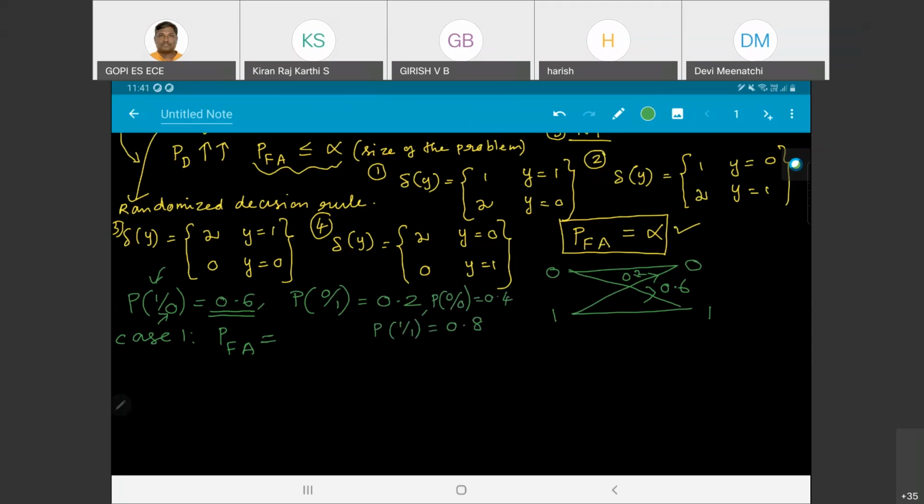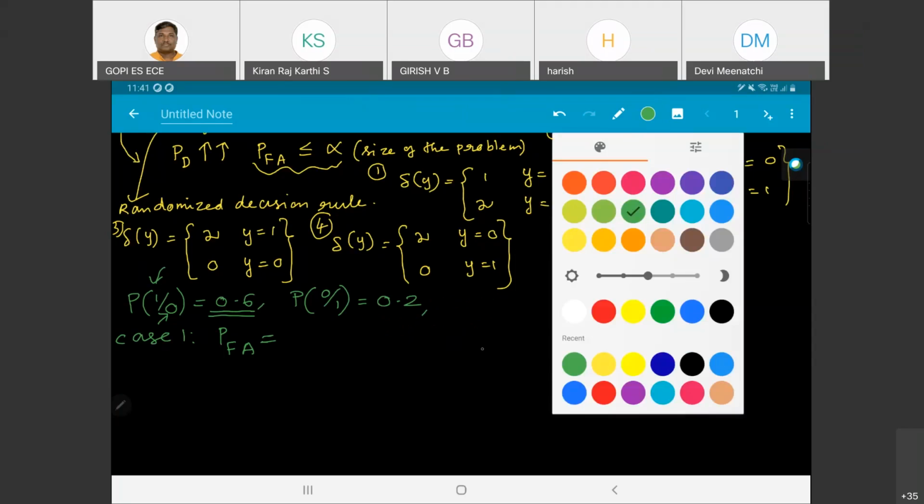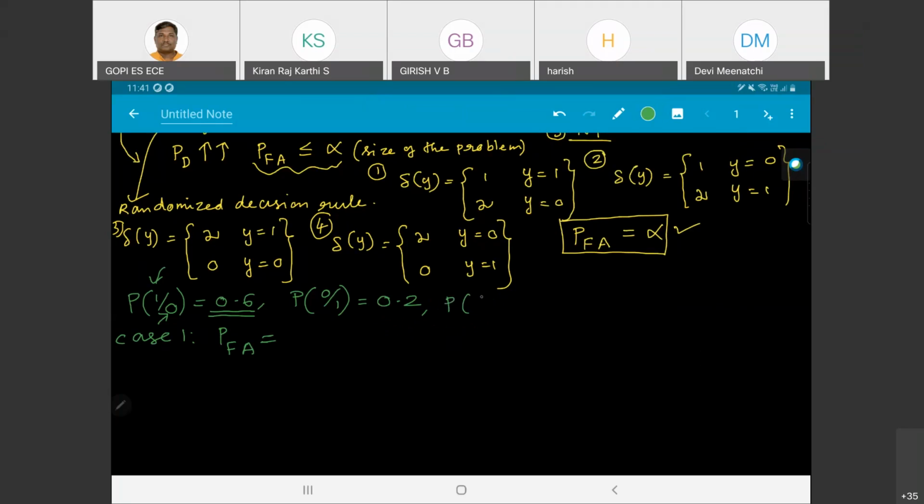So these things we already know. This is the characteristics of this binary channel model. We'll write it again. Probability of 0 given 0 is 0.4 and probability of 1 given 1 is 0.8.